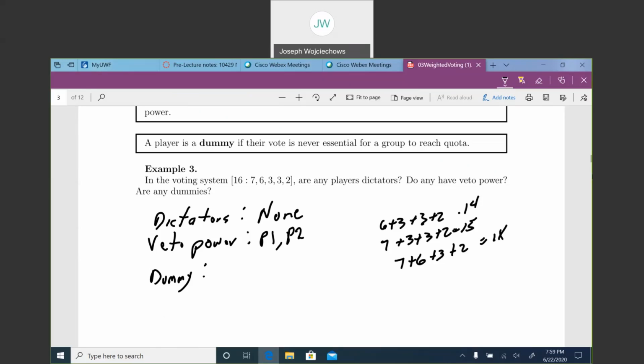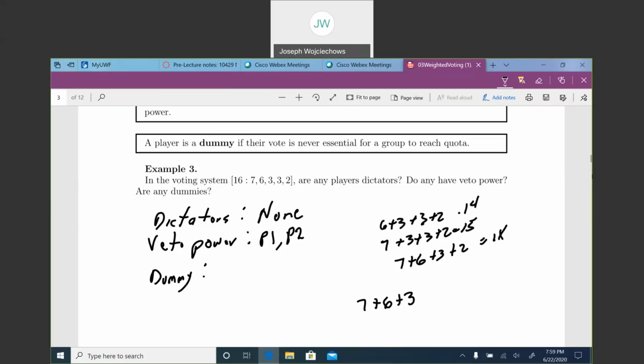However, if we look at player 1, player 2, and player 3, well, it passes. So player 4 and 5 are not needed. Likewise, if we have player 4, player 3 and 5 are not needed. However, they can be necessary.